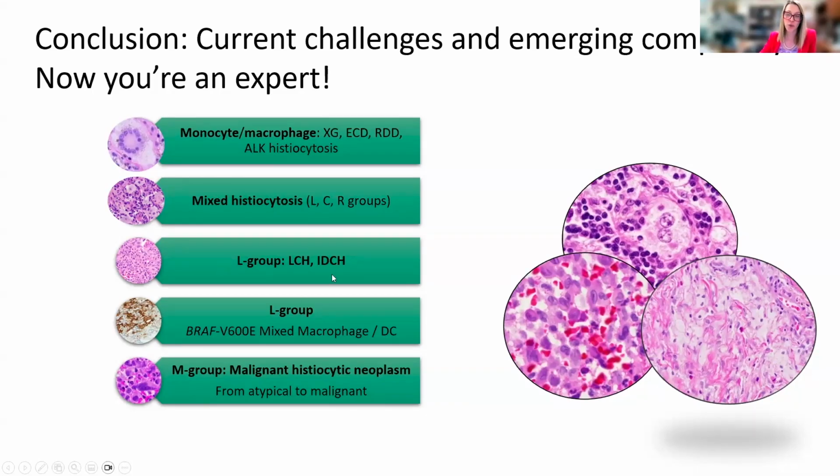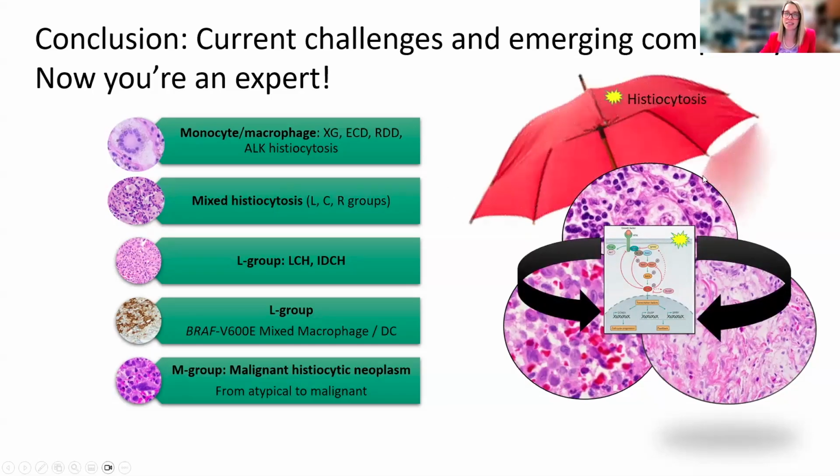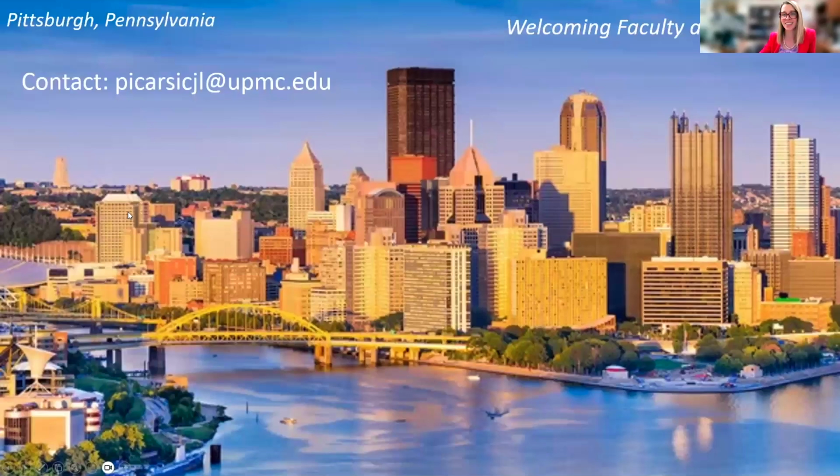It's quite frequent when we're really looking at this to see some of these mixed groups, especially for the BRAF mutated ones, and then understanding the concept of now this more defined grouping of the malignant histiocytic neoplasms. And again, just to remind that it's always a spectrum. The mutation is important, and again, understanding it as an umbrella versus always distinctive entities.